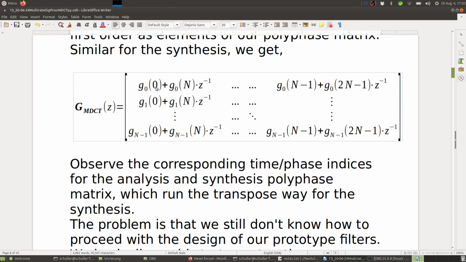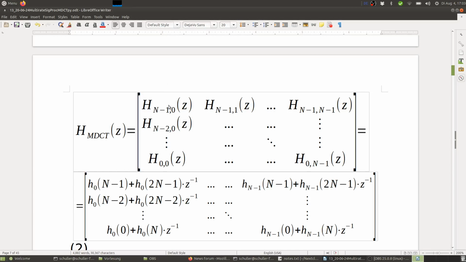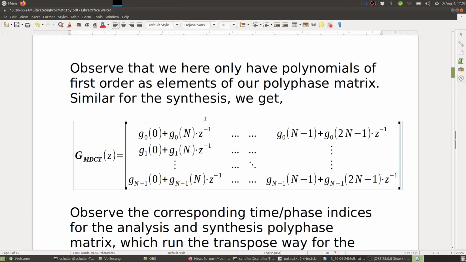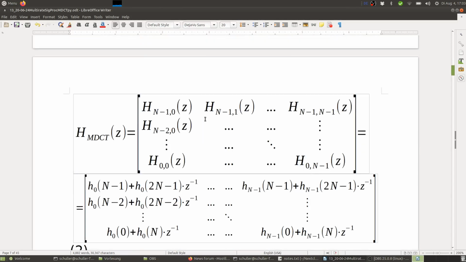Here the phase index 0 goes up to N minus 1, and then here we start in the beginning with capital N, and then it goes up to 2N minus 1. So this is now the sample index here, and that corresponds to the phase index that we got here. So here N minus 1 is the phase index, and in G, where did we have the G? I don't see it here.